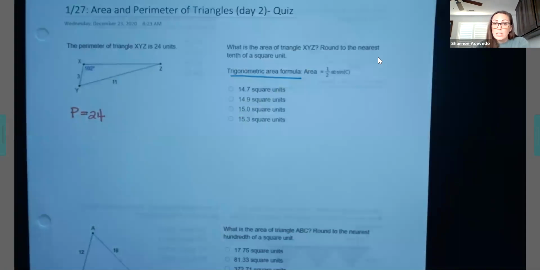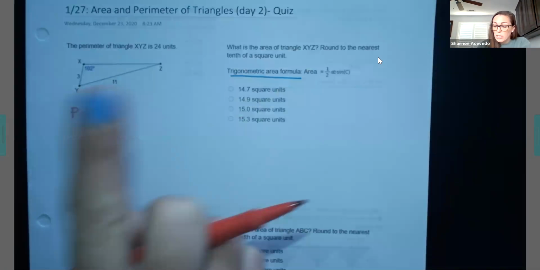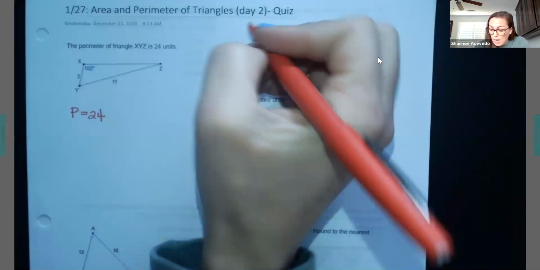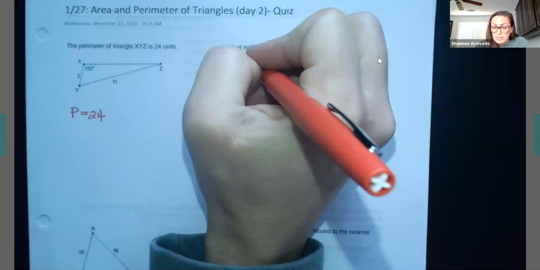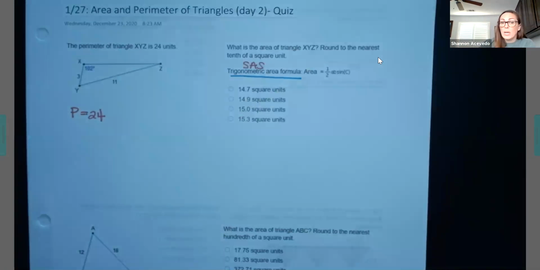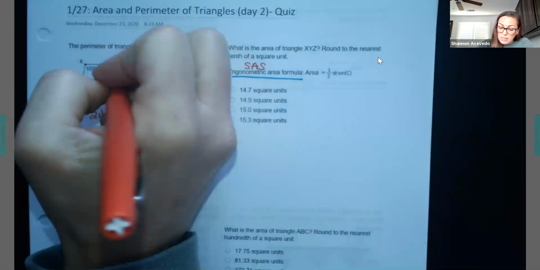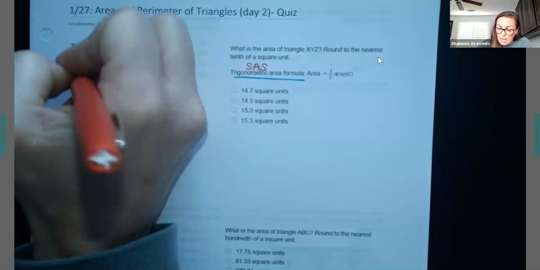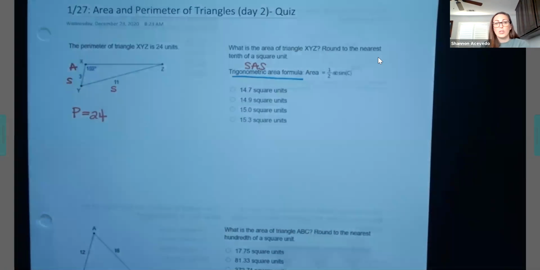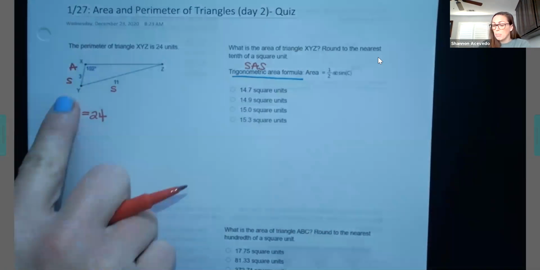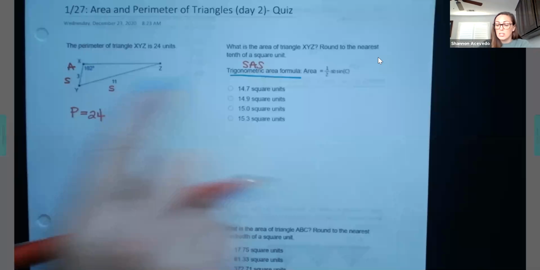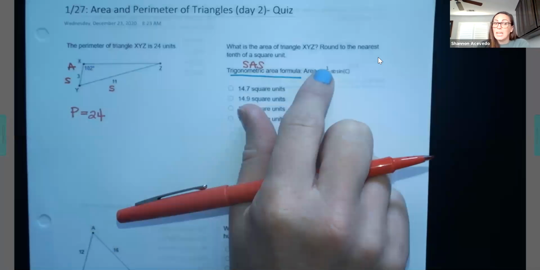Now, remember, if it's trigonometric, it needs to be a side, angle, side. That means we need to know the angle between the two sides. What I'm given right now is an SSA. So I can't just plug this 3 and this 11 into this formula and get the right answer.